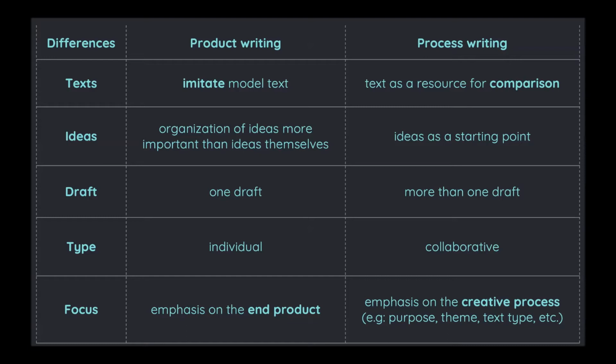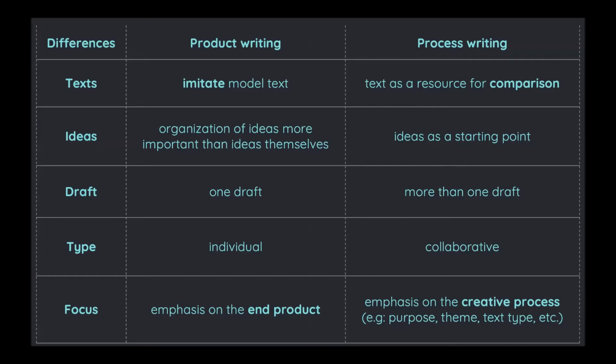In process writing, however, ideas are used as a starting point. In other words, ideas are the crux and the cream of the whole thing. Next, draft. In product writing, you usually have only 1 draft. While in process writing, there are more than 1 draft, of course.